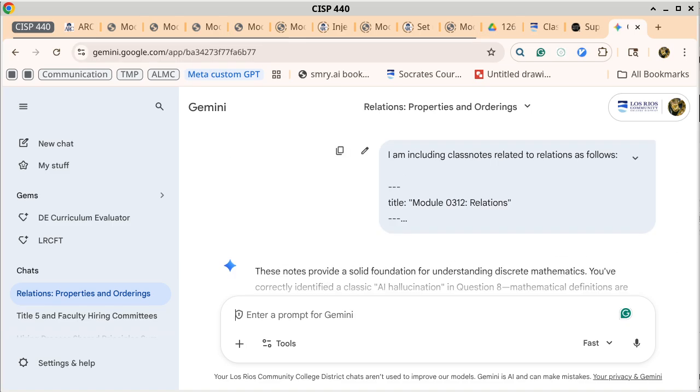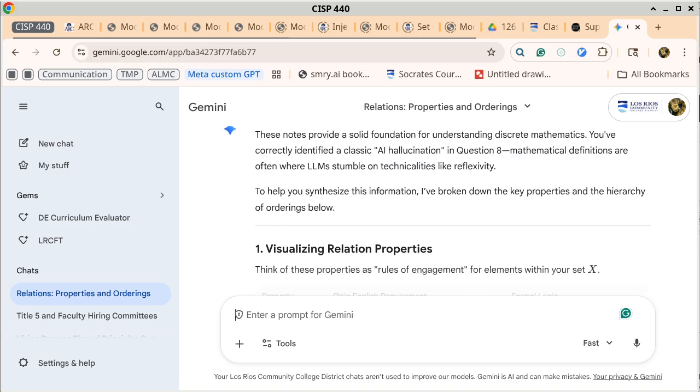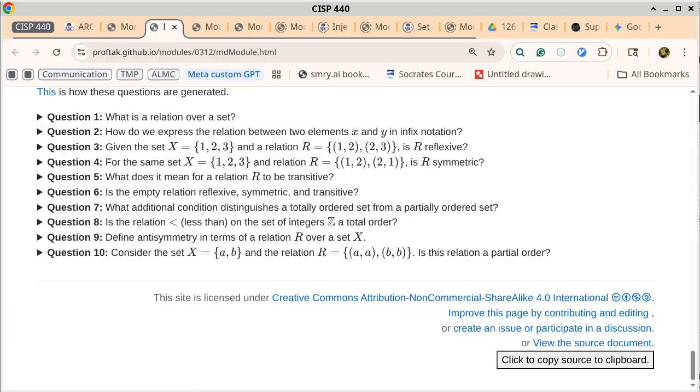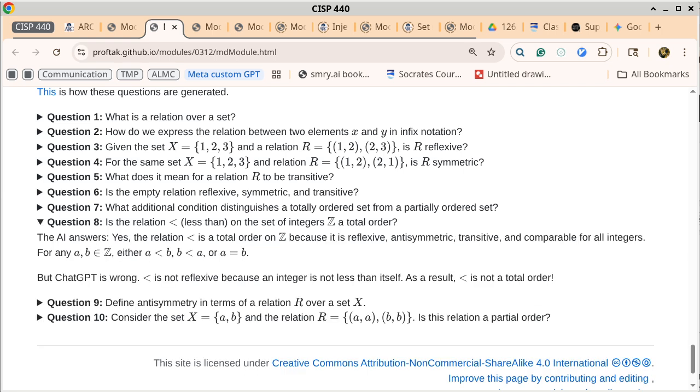Oh, it says question number 8 is a hallucination. Let's check out question number 8. Is the relation less than on the set of integers a total order? The answer given is no. So it is incorrect, it is not a total order, but that part we can talk about later.